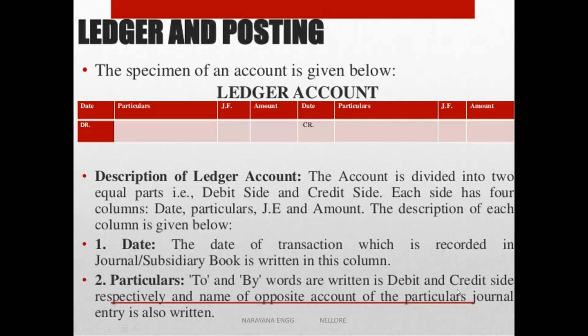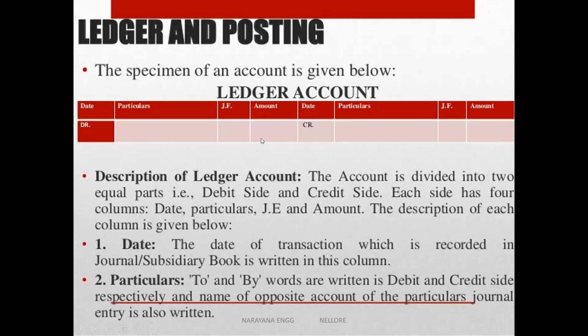The same way on the credit side, you can mention the date, particulars, journal folio and amount. Here we are just keeping the journal folio as a column, and we do not mention anything. It is practically applied by organizations; they mention the page numbers and everything at the time of implementing the accounting process. But here we are just keeping it as a column and maintaining the particular format.